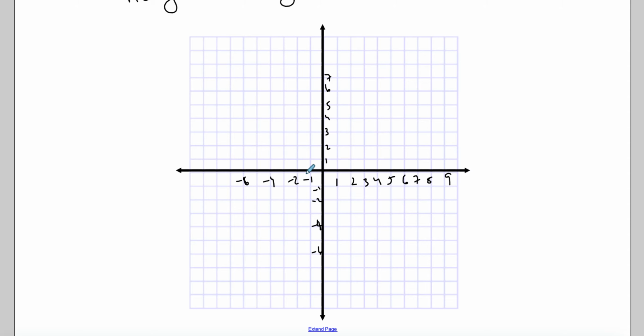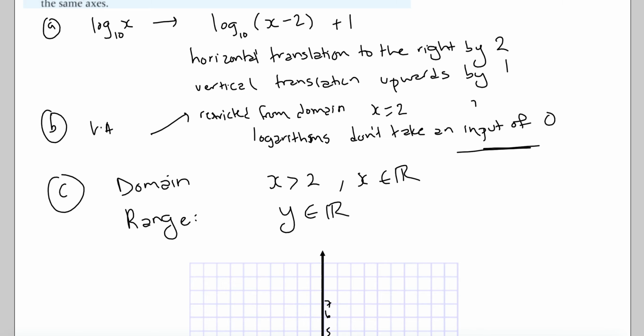So if I'm graphing my original function, first I need to understand the behavior that it does throughout all the points. I know that x equals 2 is a vertical asymptote, and so I'm not allowed to use any of the values below. One more extra point to bring here: logarithm functions don't take an input of 0 or less, so they don't take negative inputs as well.